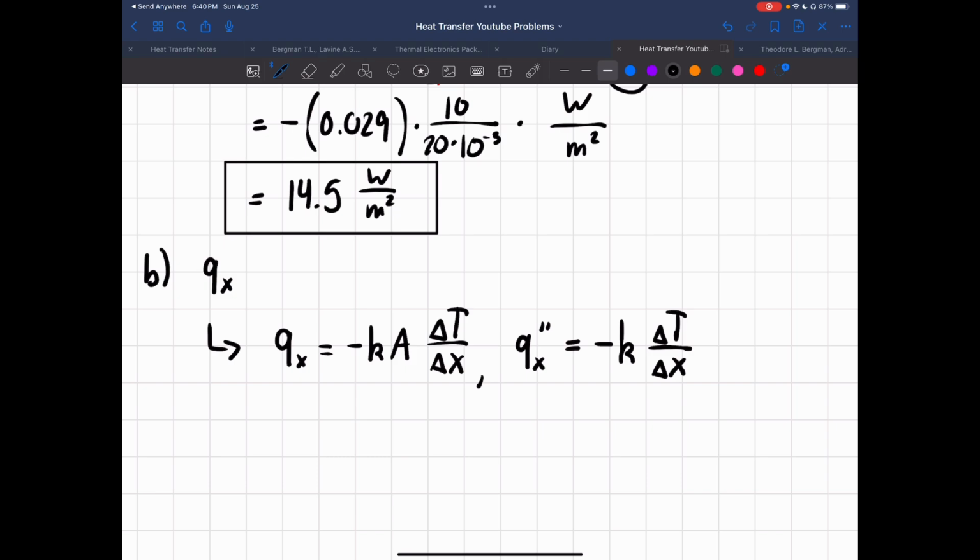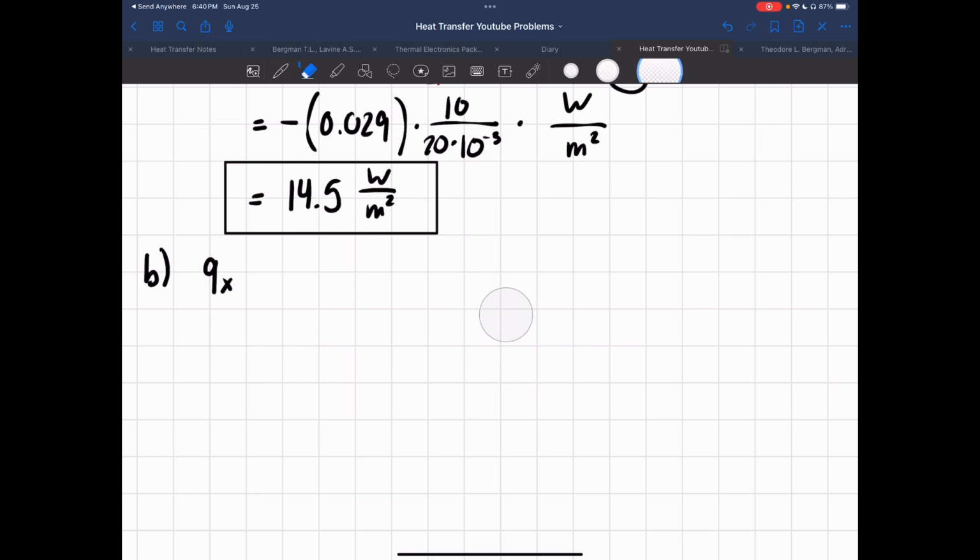Okay, so now what we need to do is get Q sub x. Oh, you know what? I'm going to ignore that. So you remember from earlier, we have our governing equation, Q sub x equals minus K A delta T over delta x. And now we can just go back and plug this in.